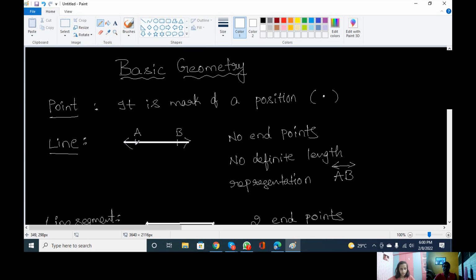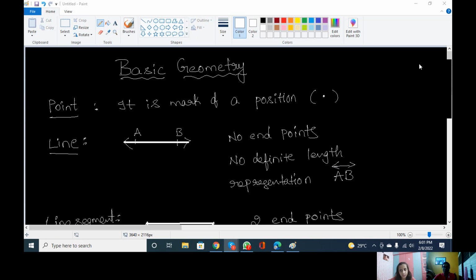We can name this line AB or XY or PQ, like that. A line does not have a definite length, meaning we cannot measure the length of the line, since we cannot draw it on paper. The line can be represented in short form as AB with two arrows on top.